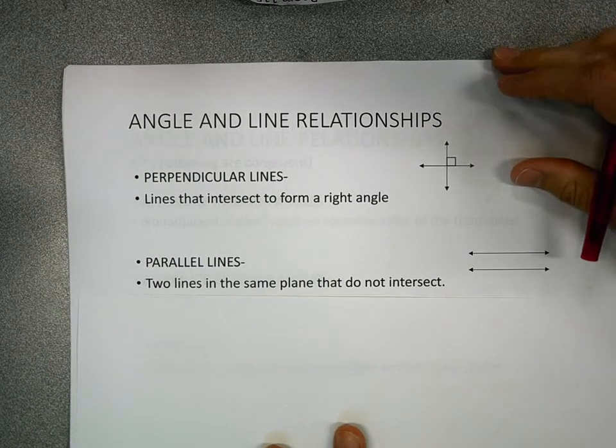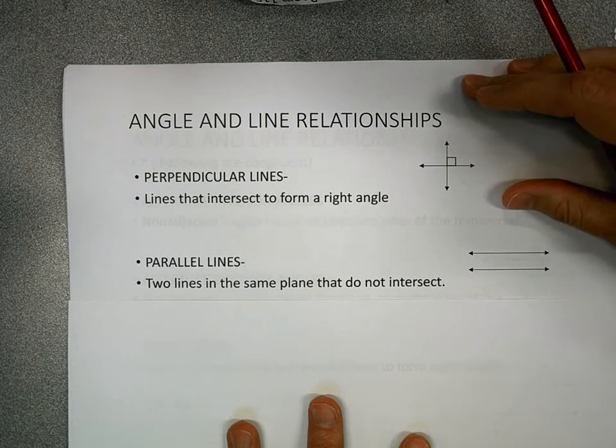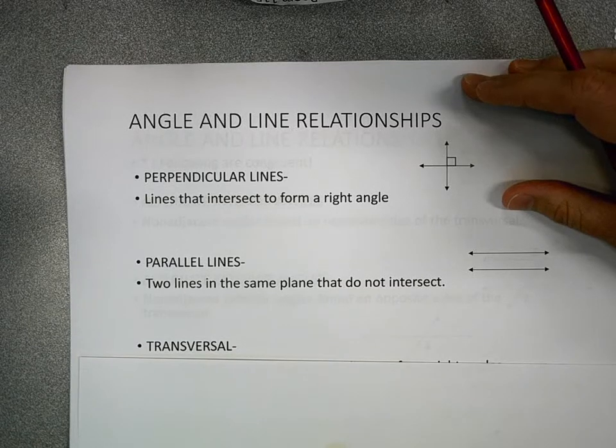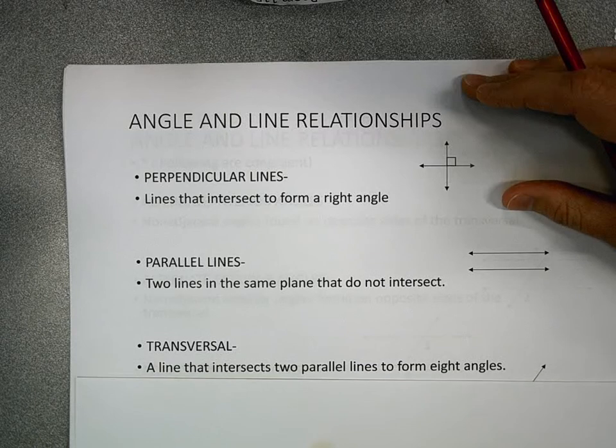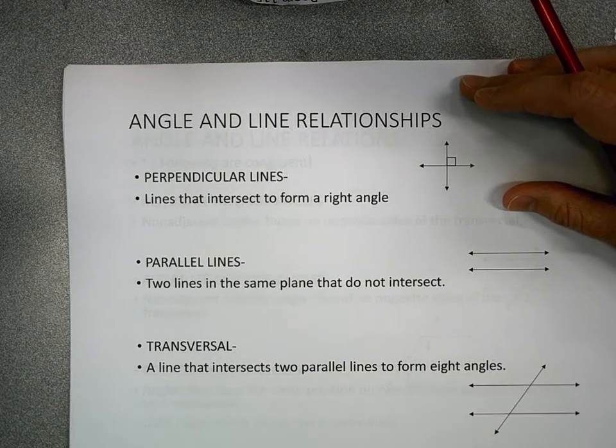Now, building off of parallel lines, there is a word that goes with that that you will need to know, and that is a transversal. Everyone? All right, so here's what a transversal is. It's a line that intersects two parallel lines to form 8 angles. So here's what it actually looks like.